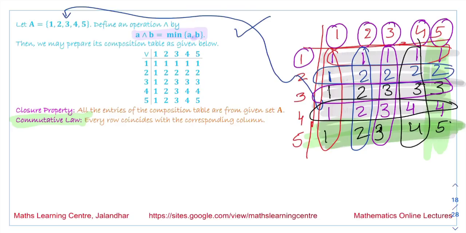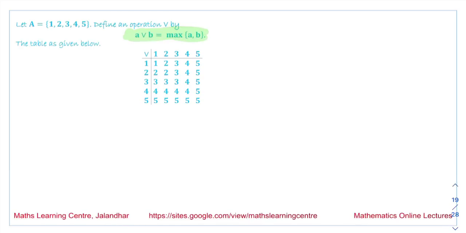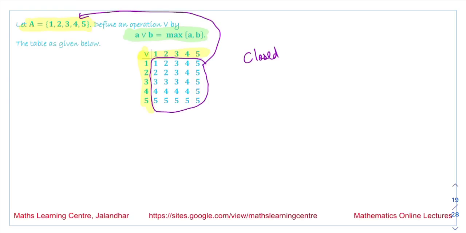Similarly, we can draw the composition table for the maximum values of A and B. It is shown on our next slide. This set A is given as 1, 2, 3, 4, 5. We have listed these elements over here. Now again, all the answers over here belong to the set A. So it is closed.